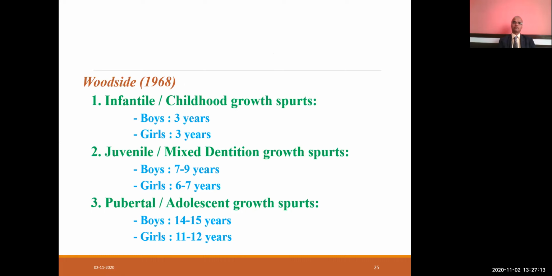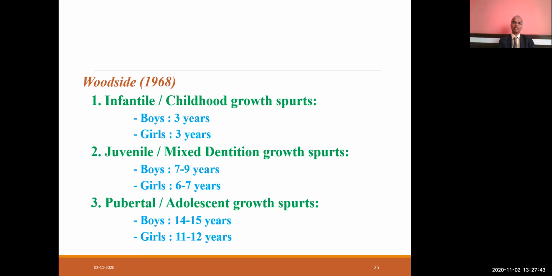Woodside classifies the growth spurts into three stages: infantile or childhood growth spurt, juvenile or mixed dentition growth spurt, pubertal or adolescent growth spurt. So the infantile or childhood growth spurt occurs in boys at the age of 3 years, in girls at the age of 3 years.